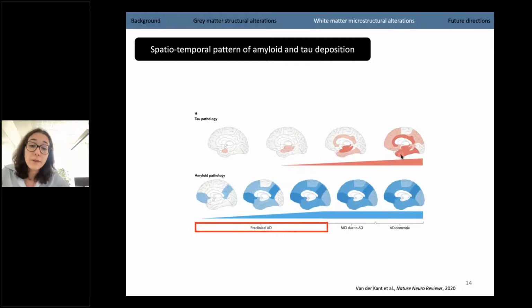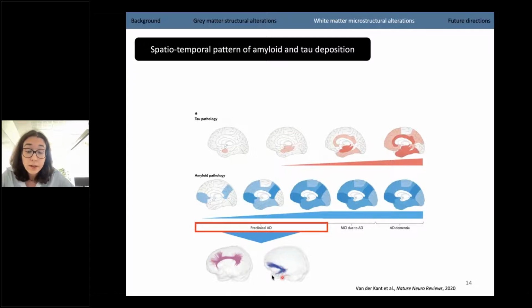And if you're familiar with brain anatomy, you might start to see that those key regions where pathology is present are connected by very well-defined white matter fascicles. So if we look at amyloid, we see our key frontal parietal regions are connected by the anterior portion of the cingulum.